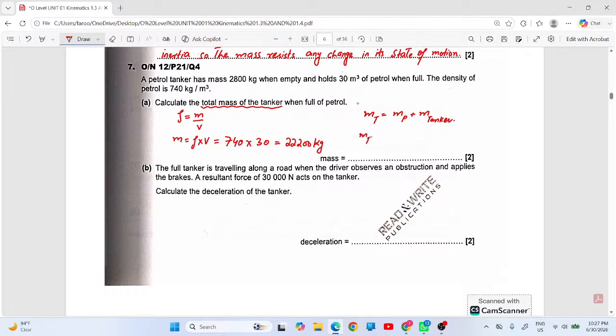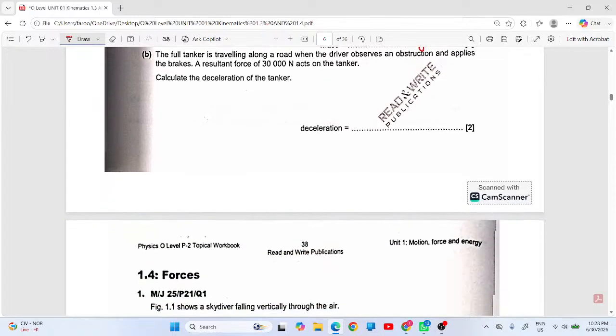The mass of petrol is 22,200 plus mass of tanker, 2,800. So add them. The mass is 25,000 kg.